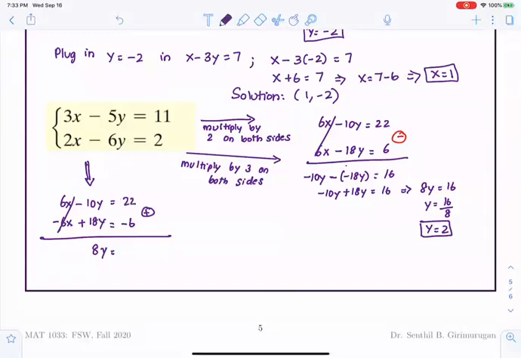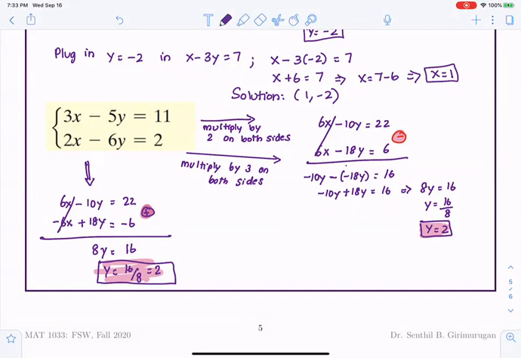So 22 minus 6 is 16. y would still be 16 over 8, which is 2. And that is the same answer as what we had over there. So whether you add the two equations by manipulating them or you subtract, it doesn't matter. But I recommend students who are beginning with algebra to simply manipulate the equations so you always add, and this way you can keep things simpler.